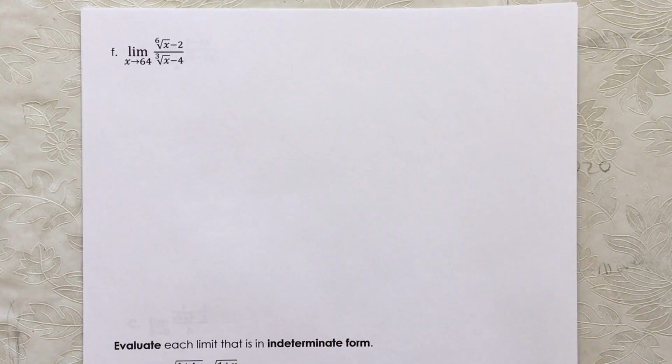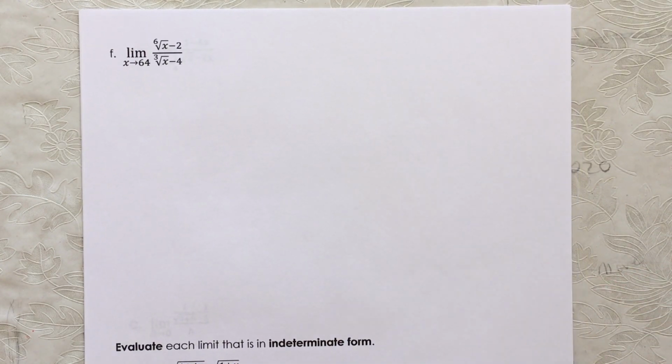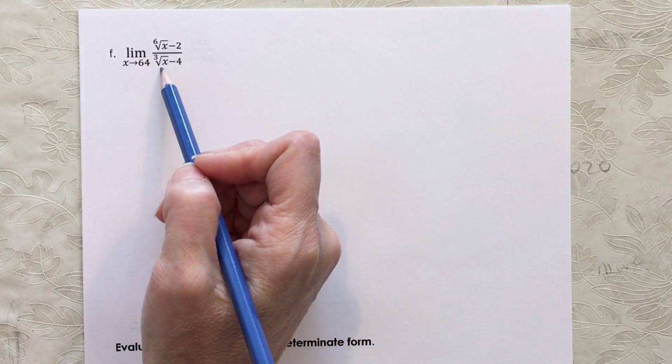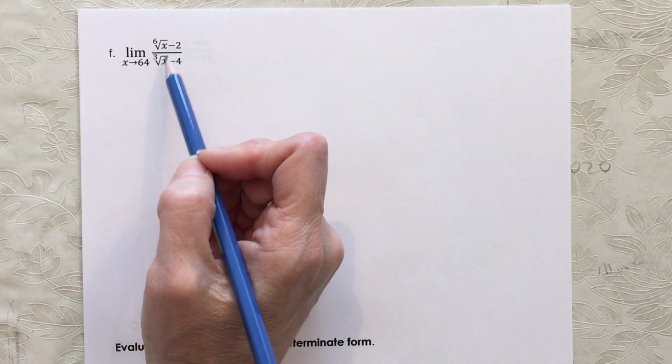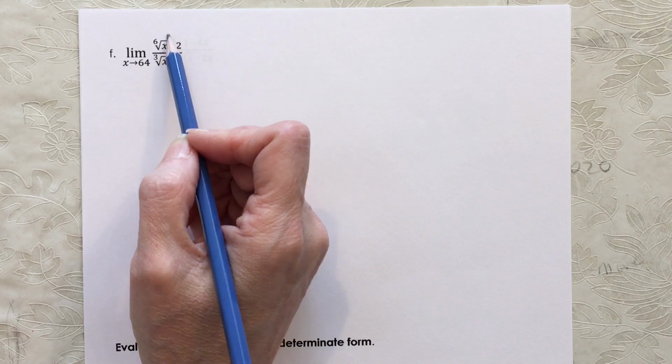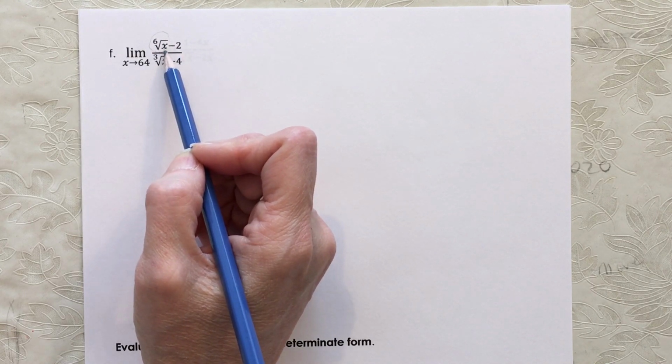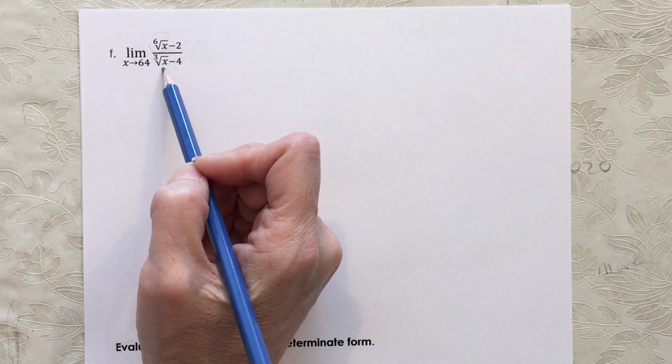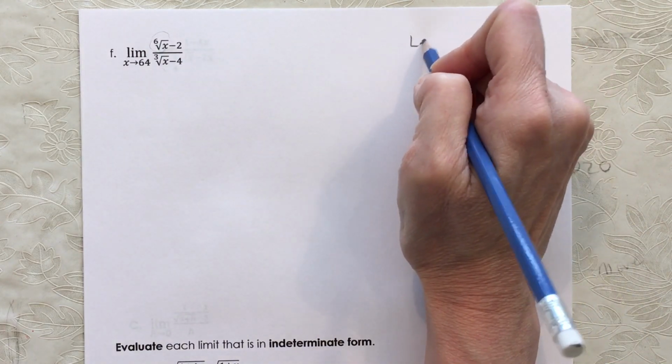Okay, here's a tricky one. So we've got a 6th root of x and a 3rd root of x. So when you have that, you want to take the smaller value, I guess, the 6th root of x rather than the 3rd root of x, and let your u equal that.